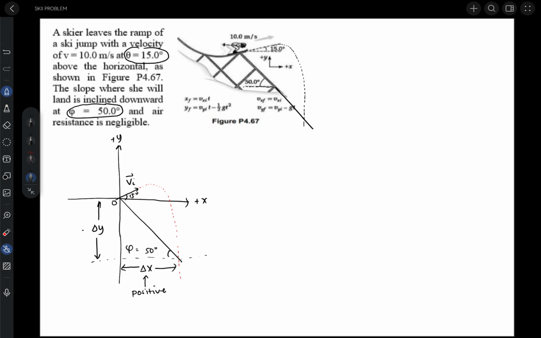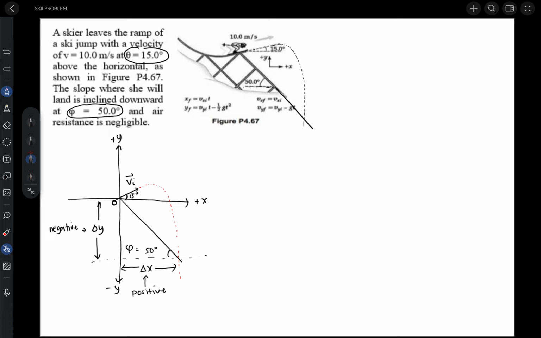Whereas for delta y, we know that it's going to be negative, because we set our origin at the point at which the skier leaves the ramp. The velocity in the y direction goes towards the negative y direction.